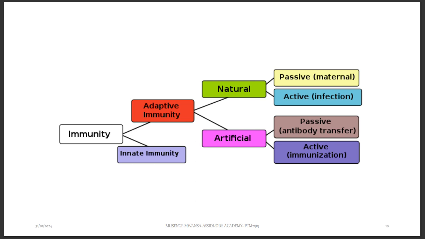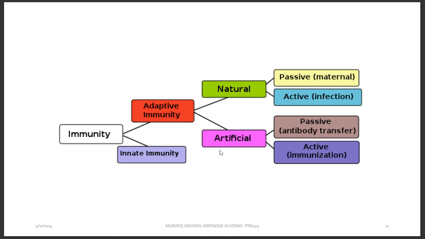When I get to be cured, those antibodies will still be in my body. Next time I get malaria, those same antibodies which are already in me will start to fight that malaria because the antibodies were produced in me. Because my body was involved in producing them, that is active. Because it happened by itself, that is natural. Hope we are getting the sense.